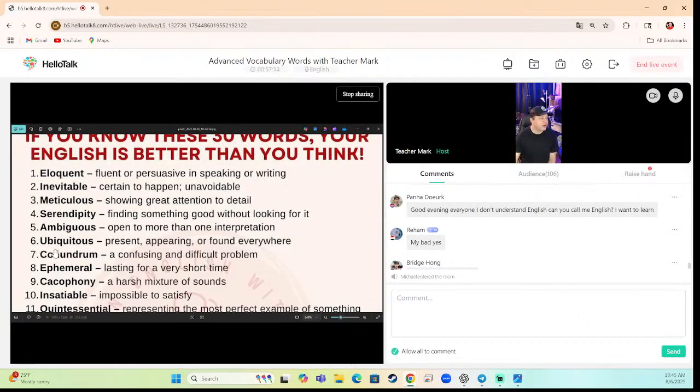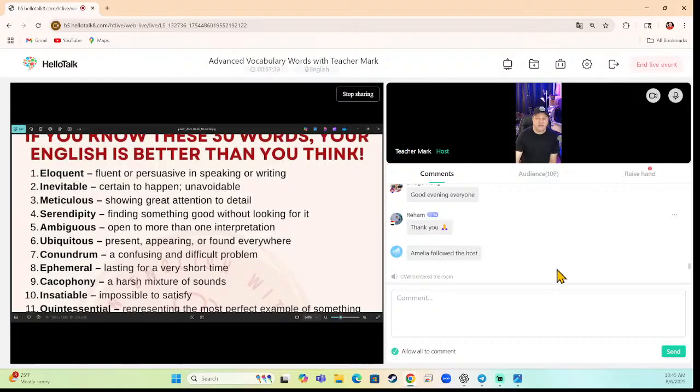The next word is a good one. Ubiquitous. Ubiquitous means everywhere. If something is ubiquitous, it's everywhere. iPhones are ubiquitous. McDonald's is ubiquitous. KFC is ubiquitous. Right?